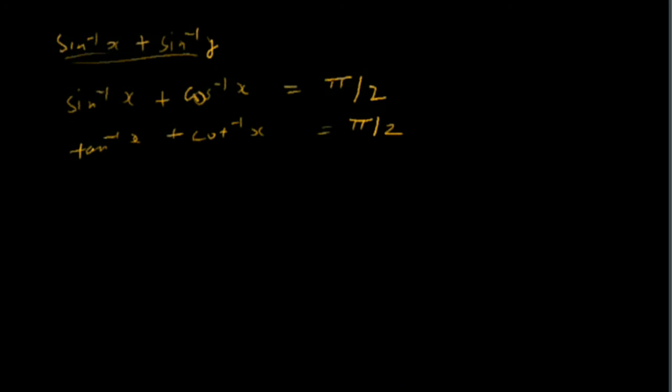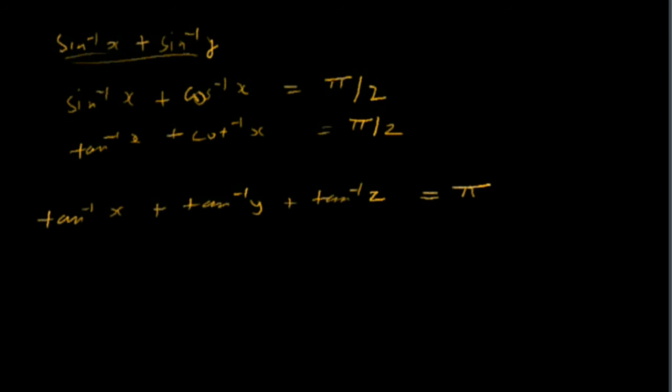Suppose I have to solve problems like tan inverse x plus tan inverse y plus tan inverse z, like this. What I am trying to say here is that three things are there.